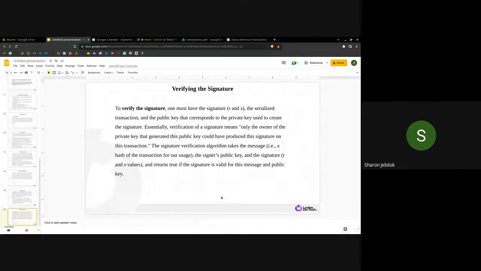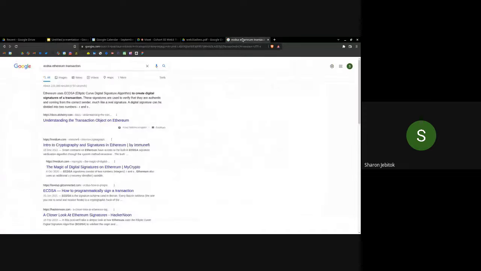So I was trying to talk about the elliptic curve digital signature algorithm. The reason I'm checking this is that yesterday we said this is the algorithm used to create the digital signatures for a transaction.